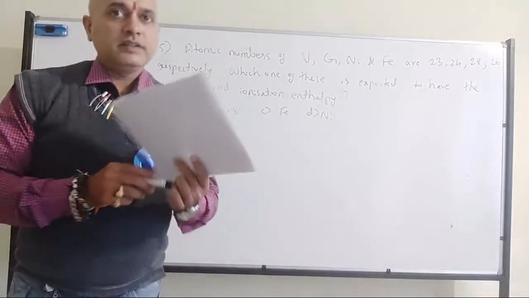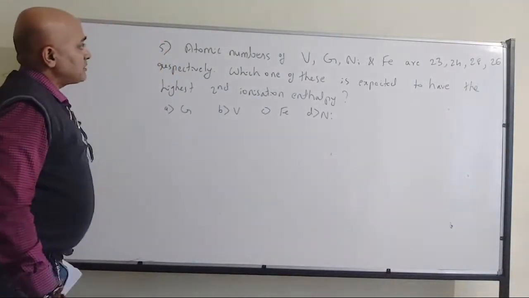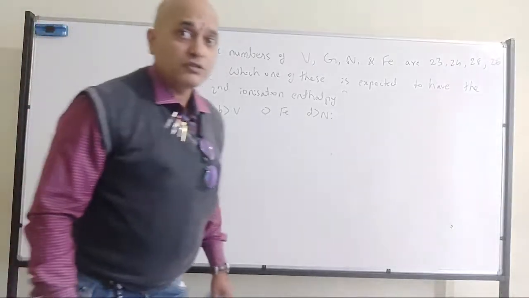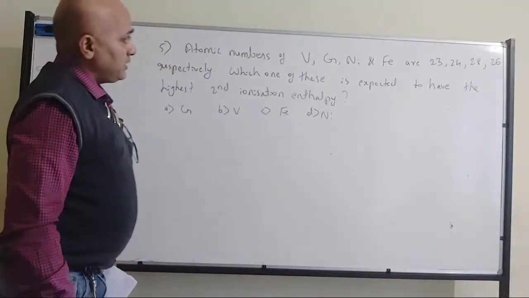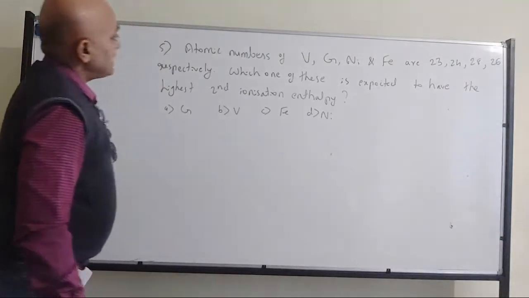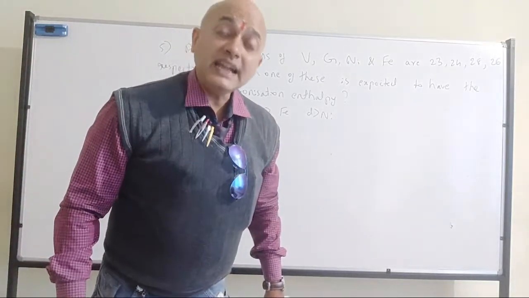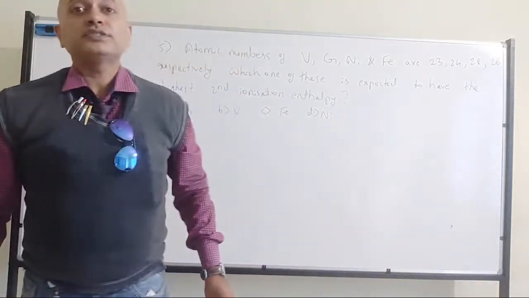Can you solve it? They have given the atomic numbers of these four elements. Now they are asking which one of these is expected to have the highest second ionization enthalpy, not the first one.